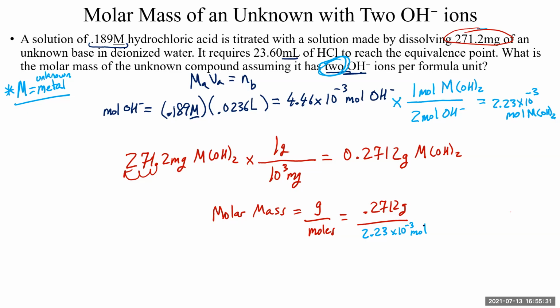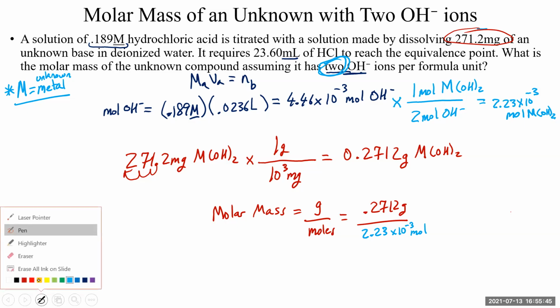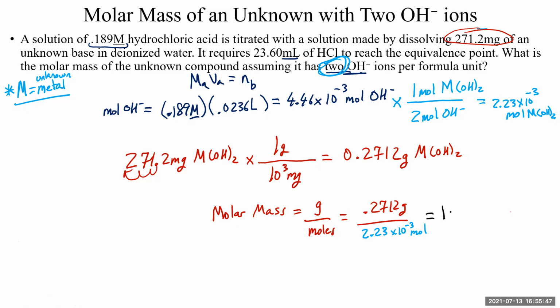So if I do that, 0.2712 divided by 0.00223 gives me 121.6 grams per mole.